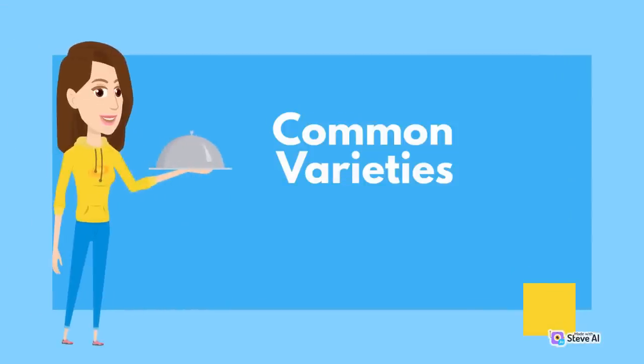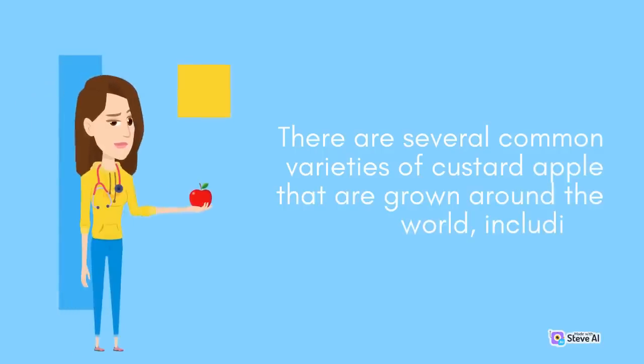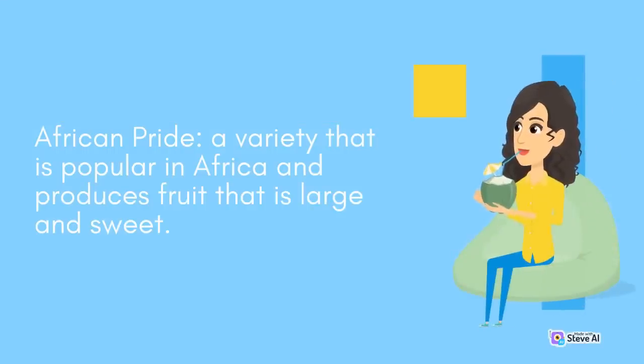Common varieties. There are several common varieties of custard apple that are grown around the world, including African Pride, a variety that is popular in Africa and produces fruit that is large and sweet.